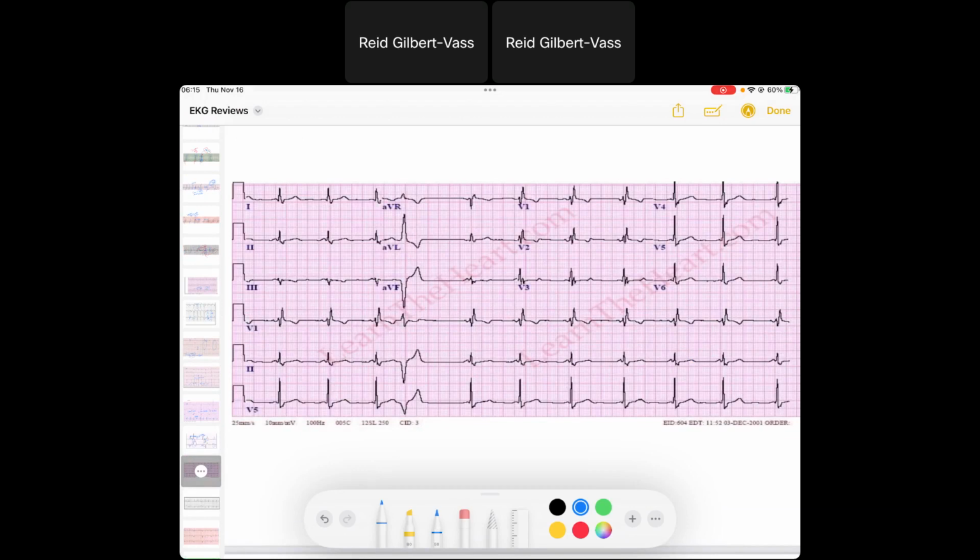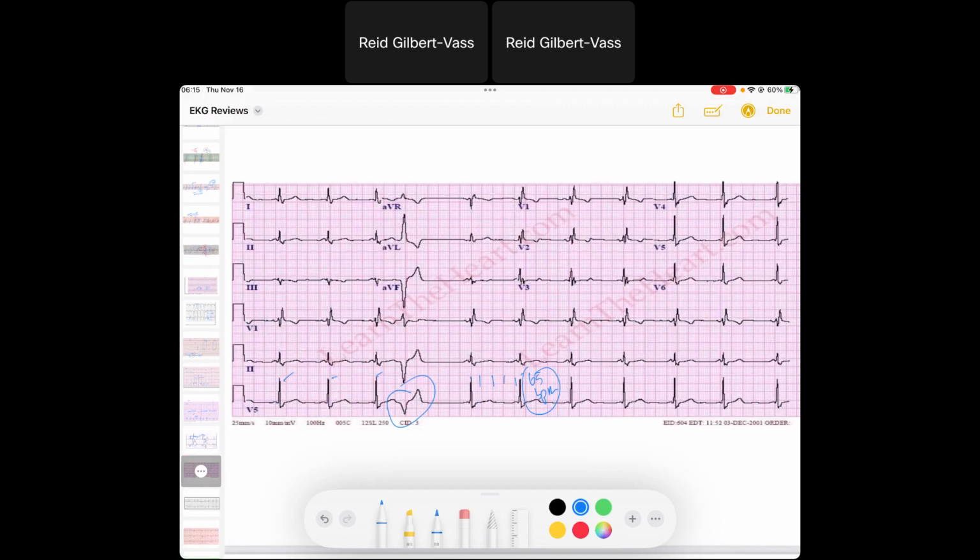So this person has multifocal PVCs. This is an interesting EKG, and let's take a look and see what we can get out of it. So we've got regular rate, funky beat, regular, 300, 150, 100, maybe 65 beats per minute.